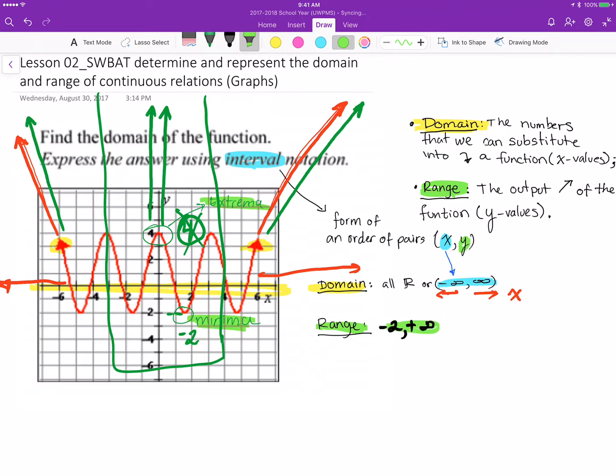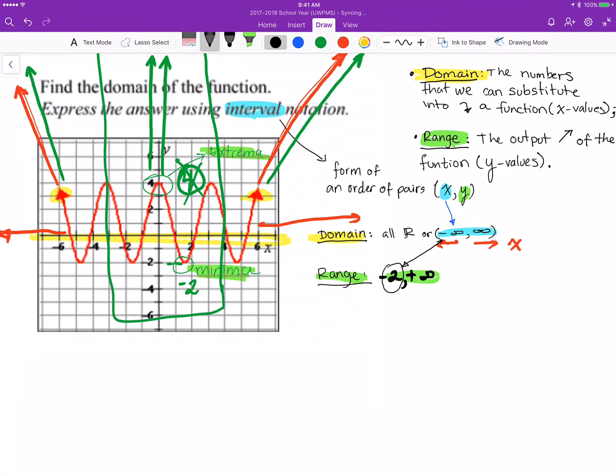Okay. But look at this curious pattern. This -2 is included in that negative infinity. So I'm expressing it in an order of pairs. So my solution will be from negative infinity to positive infinity.